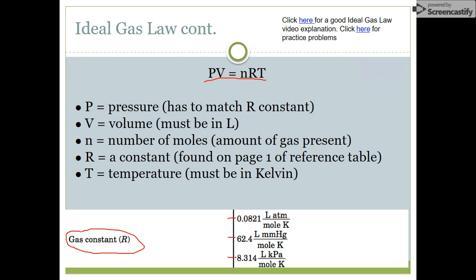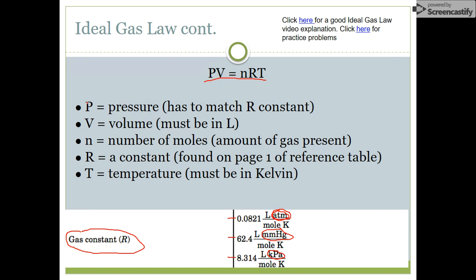The only thing different about them is the pressure. So 0.0821 goes with the pressure in atm, which is atmosphere. 62.4 goes with mmHg pressure, and 8.314 goes with kPa pressure.